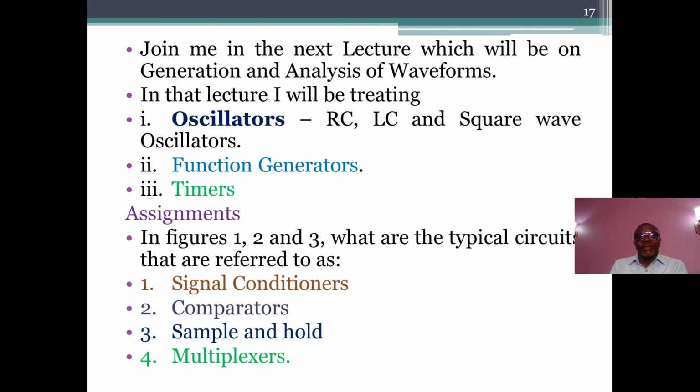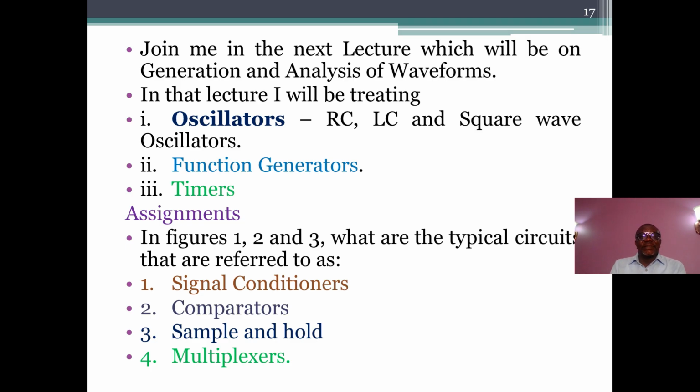Join me in the next lecture on instrumentation and measurement, which will be on generation and analysis of waveforms. Like we have seen here, you have to have your signal generator, which in this case is a sawtooth, but there are so many other signals that are being used, and these signals are generated internally in the system.